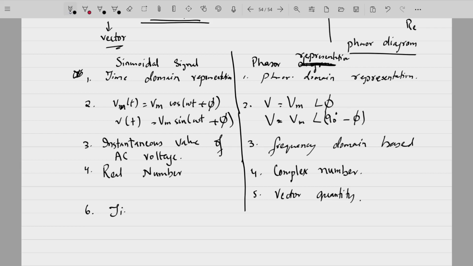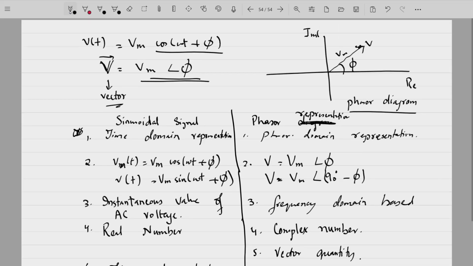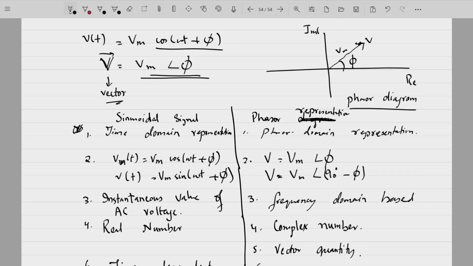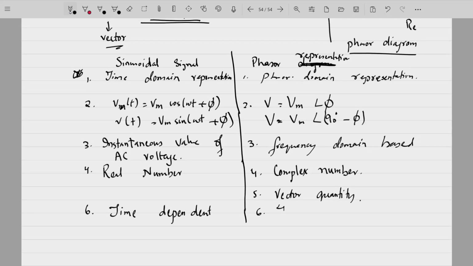This is time dependent. There is no time in this phasor representation. It's not a function of time, so it is time independent. Waveform तो आपकी same ही है.